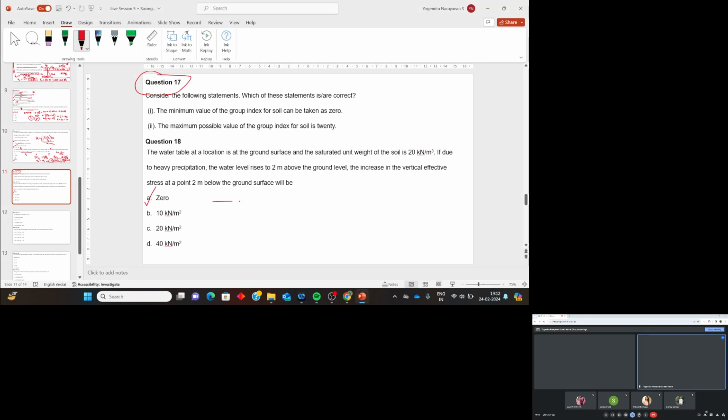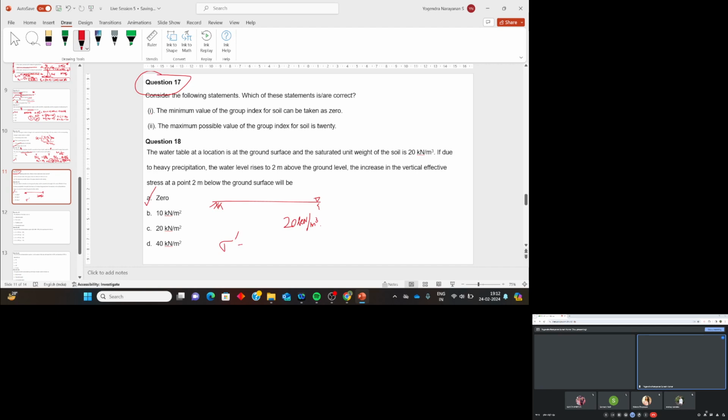So just for once, there is an interesting result here. Initially this is the ground level. This is the water table also, and this is 20 kilonewton per meter cube.